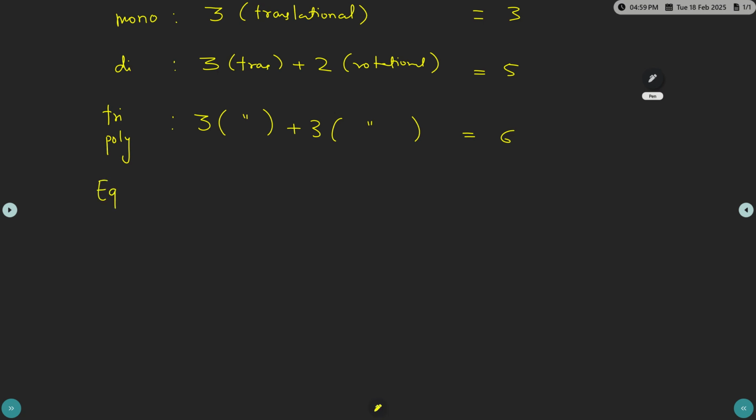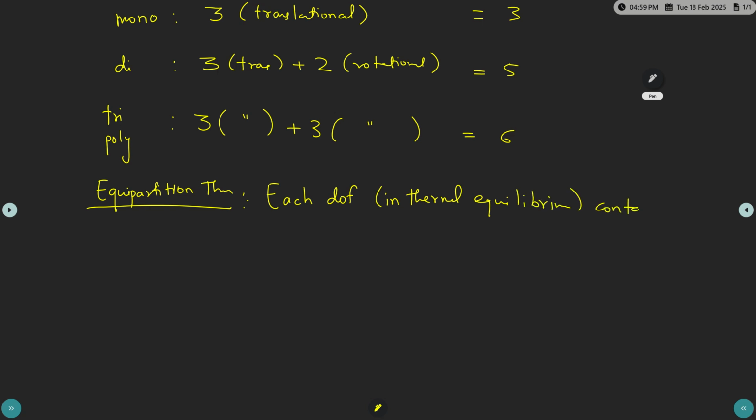This is called the equipartition theorem. The equipartition theorem says that each degree of freedom in thermal equilibrium contains an energy equal to half kT on average.